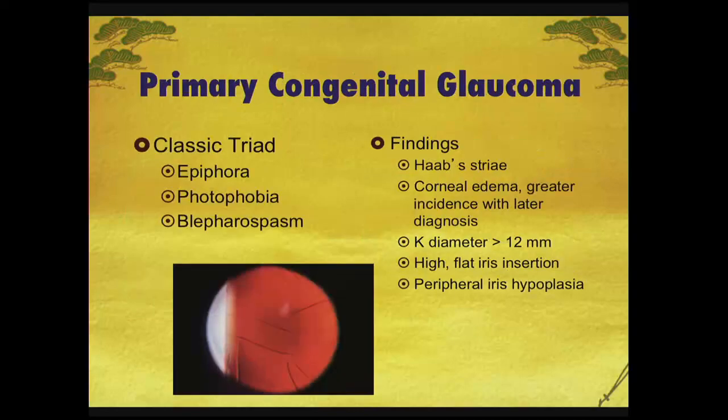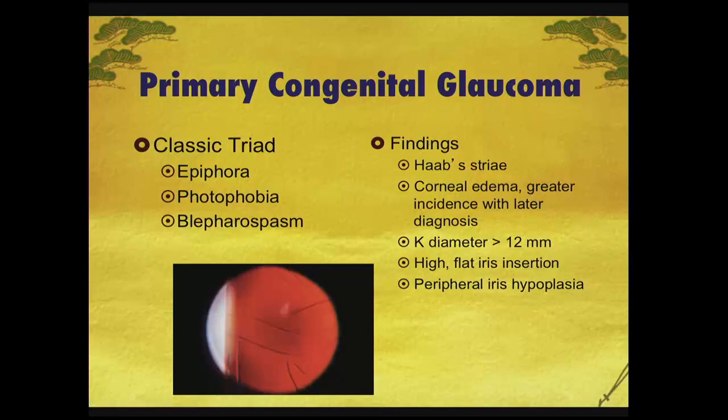All right, so the classic triad in primary congenital glaucoma is epiphora, photophobia, and blepharospasm. And what you'll find is the Haab striae, which can be horizontally oriented or circumferentially oriented. Remember, vertical striae are usually from forceps trauma.